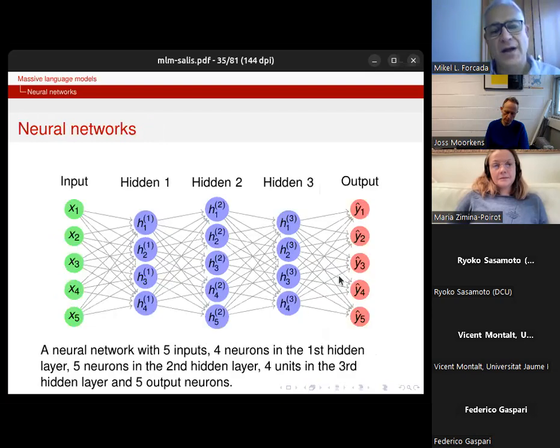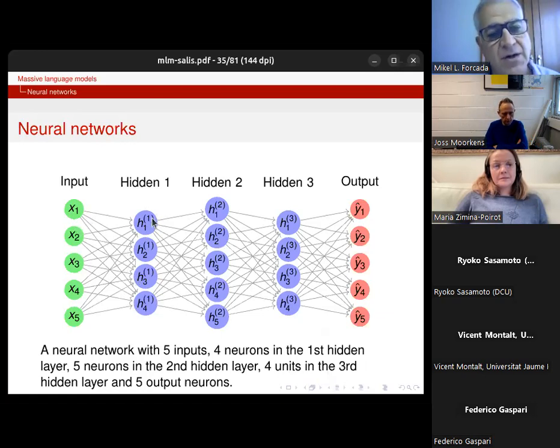So this is the maths of it. And these neurons are usually put together in layers, so processing takes place in stages. This is what you would call a 4-layer neural net, which has 5 inputs, which are input signals. These are not neurons, that's why they have a different color here. These signals stimulate the neurons on the first hidden layer.